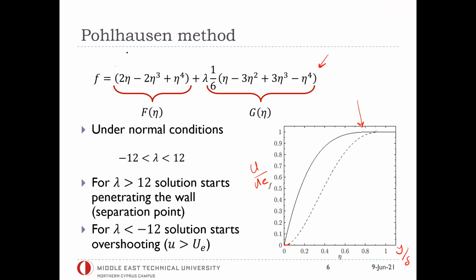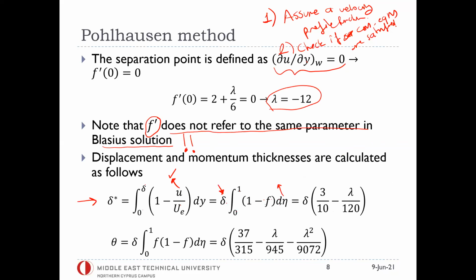We put it in the integral and then integrate. It's an integration from 0 to 1, because eta is y over delta, so it changes from 0 to 1. Doing that integration gives me a value for delta star: 3 over 10 minus lambda over 120.